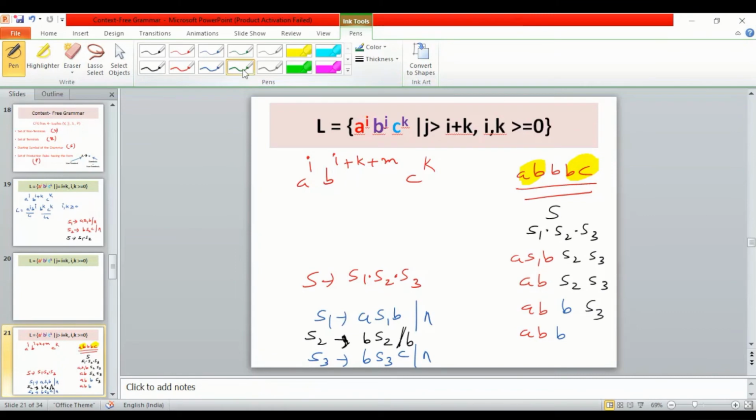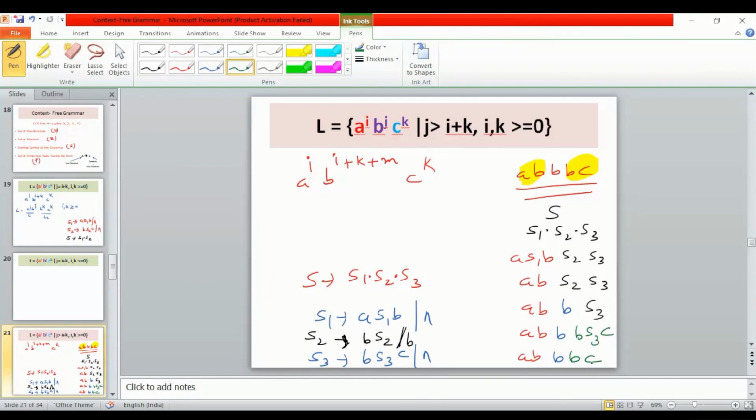So we'll write B S3 C, and at last we'll have AB, then B, and at last BC. We'll put null for S3. So you can see we are getting the string AB, BB, C, where J is greater than I plus K.